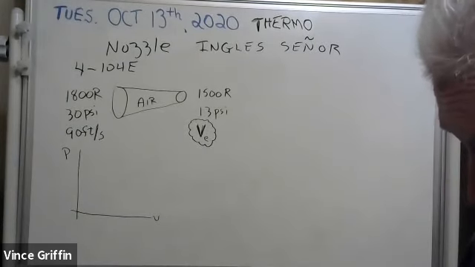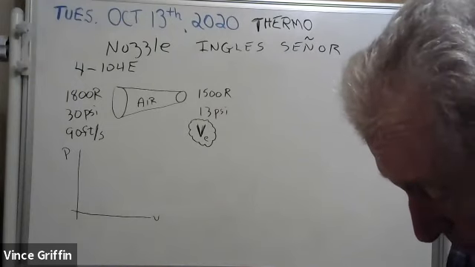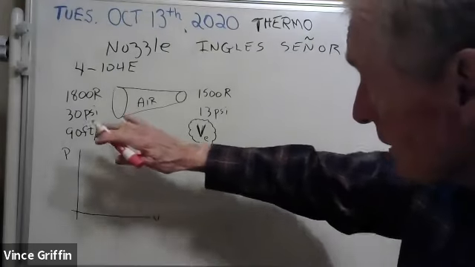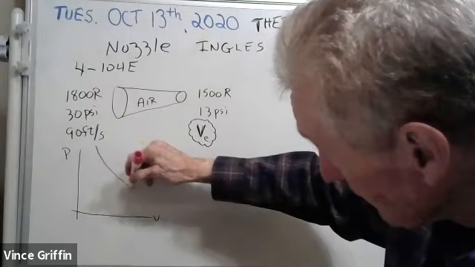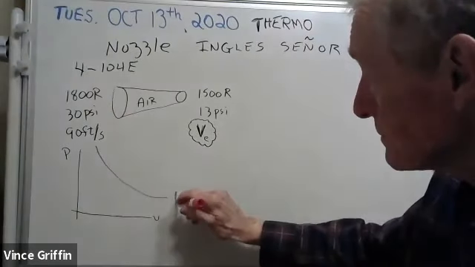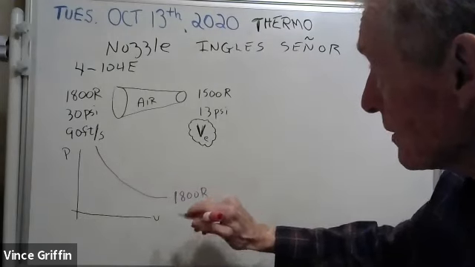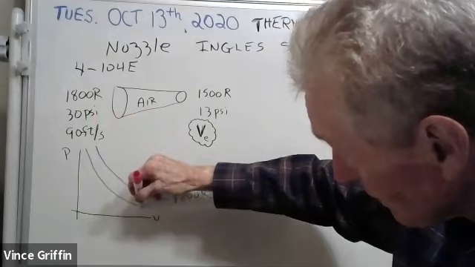Okay, well, let's draw that PV diagram. Now we've got a 1800 Rankine, and you know isotherms kind of go like that. And you got 1500 Rankine, and they kind of go like that.